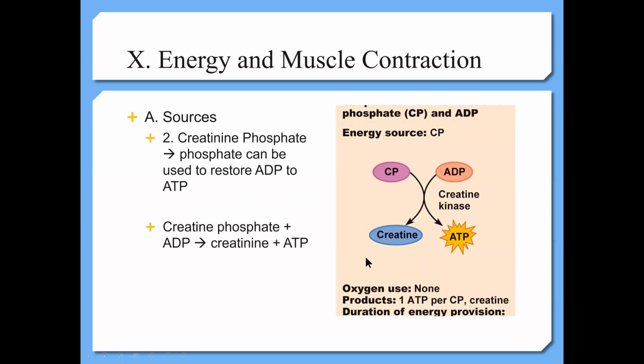We have this compound called creatine phosphate. We can convert creatine phosphate into creatine, and in the process, take adenosine diphosphate, transfer that phosphate over to the molecule and make it ATP.